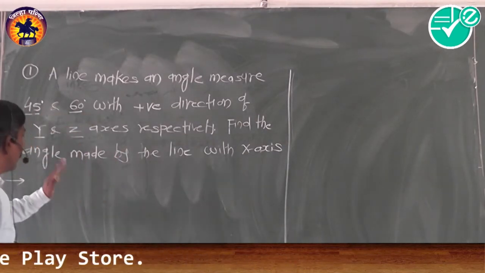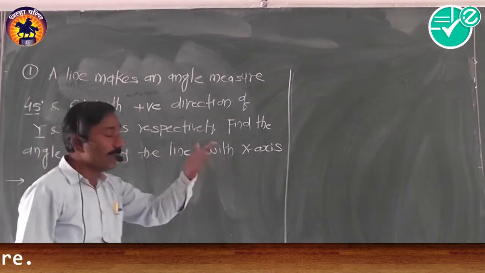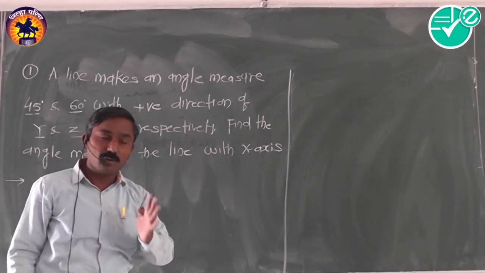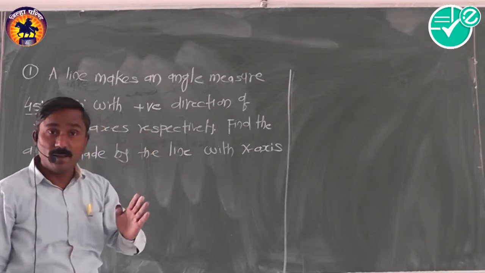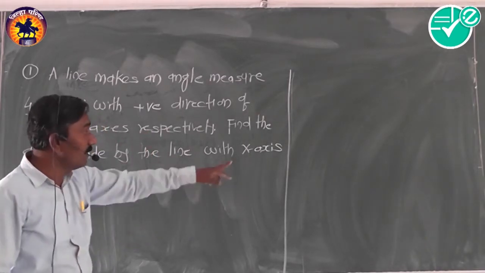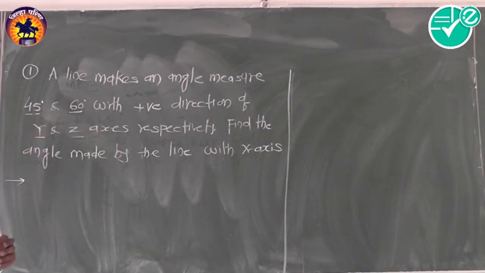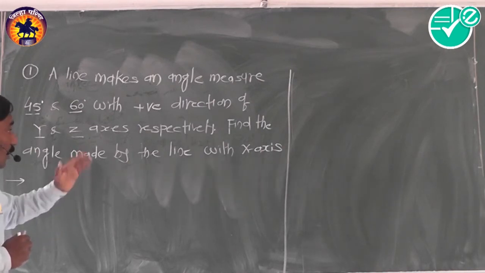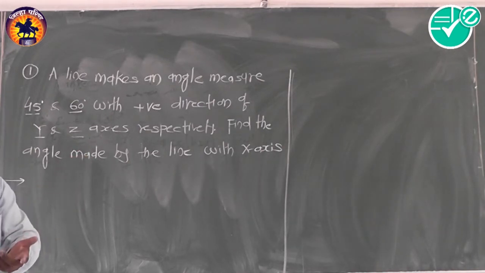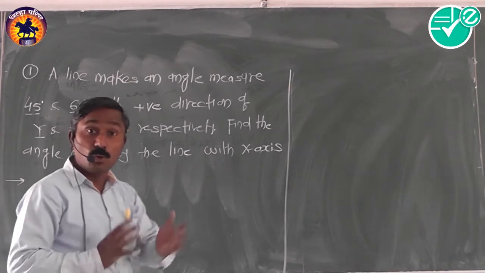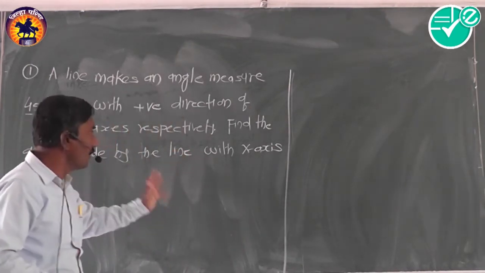Then find the angle made by the line with the x axis. In this example, we have to use that theorem, l square plus m square plus n square is equal to 1. So it is a very important example.